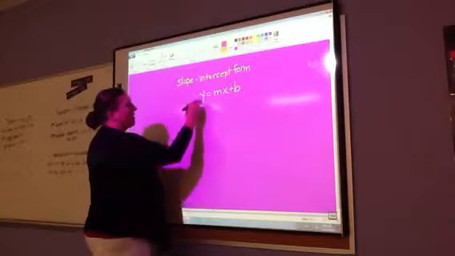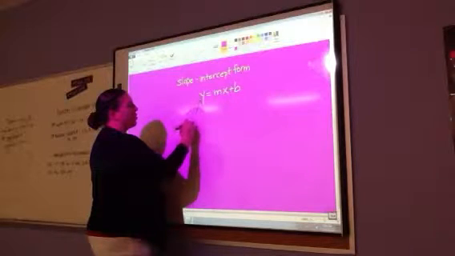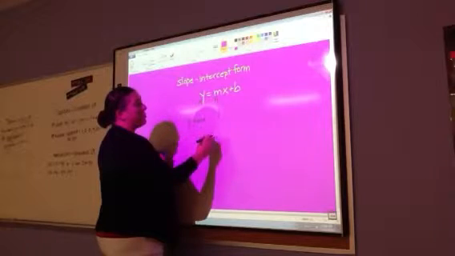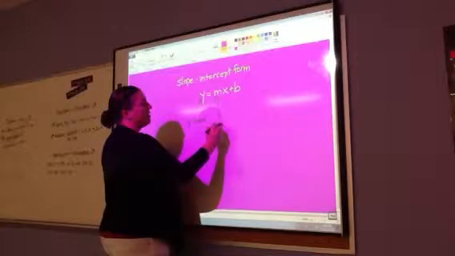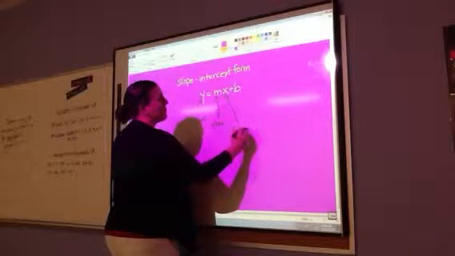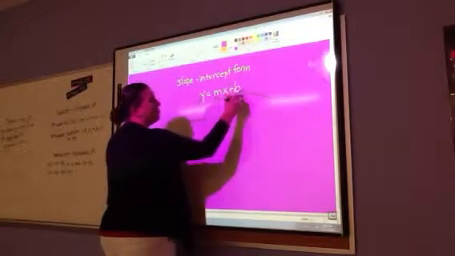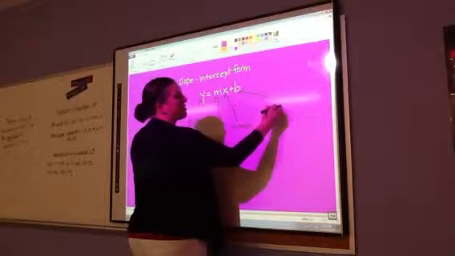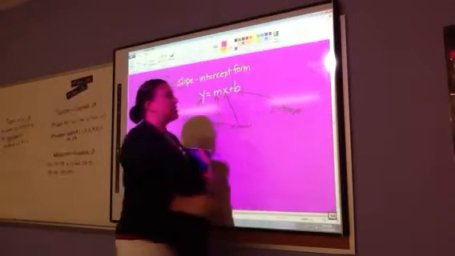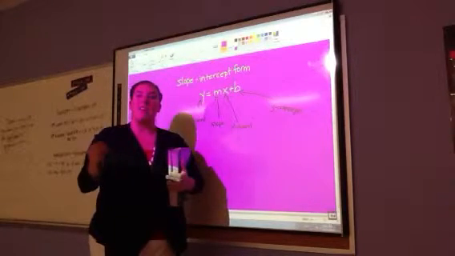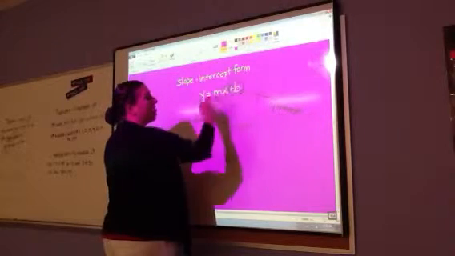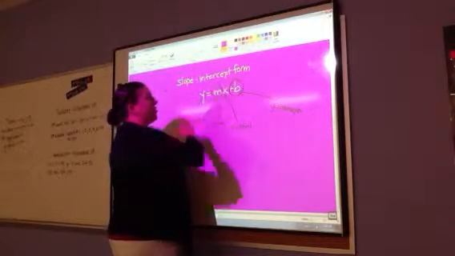So the y, as you'll remember, is your y coordinate. The m is one of the most important pieces. This is your slope. The x is the x coordinate. And b is also the other important piece, which is your y-intercept. The two pieces that you have to have in this particular equation are your y-intercept and your slope.